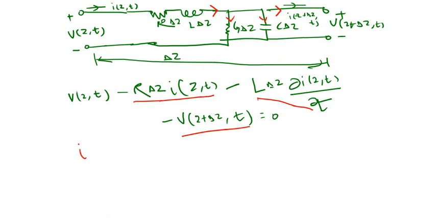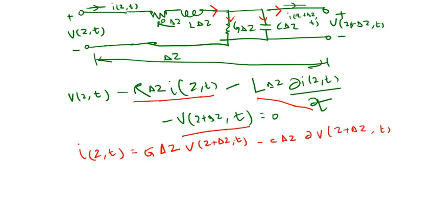So here you can apply I(z,t) is equal to G delta z V(z plus delta z, t) minus C delta z del V(z plus delta z, t) divided by del t, minus I(z plus delta z, t) is equal to 0.